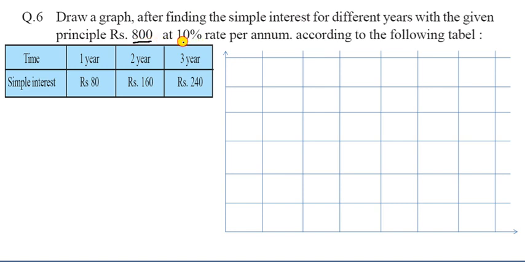The previous question was 5, and this one is question number 6. Draw a graph after finding the simple interest of different years with the given principal, that is 800, and the rate of interest of 10% per annum, according to the following table. So the table is given.